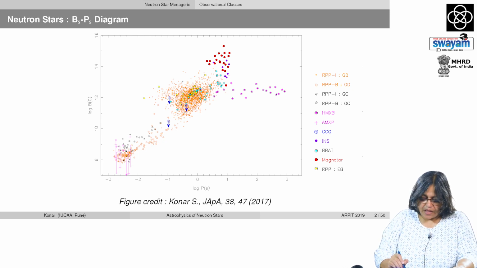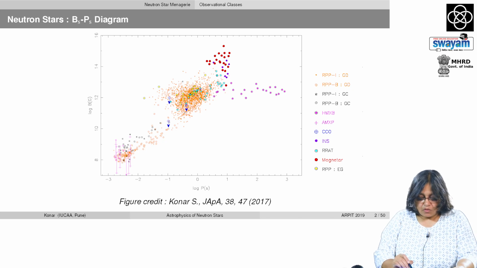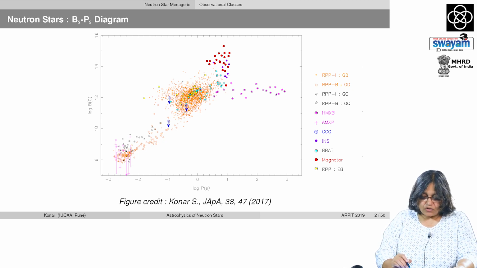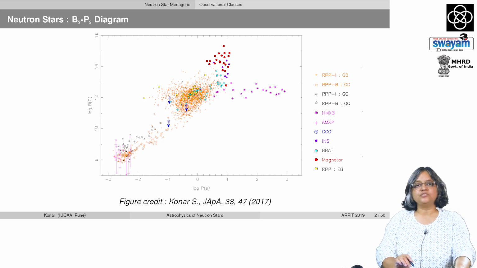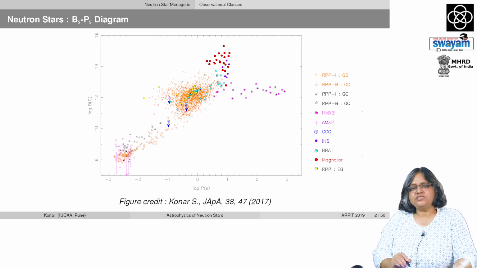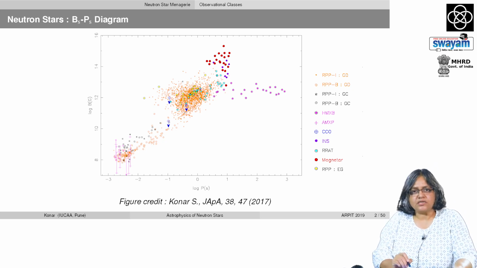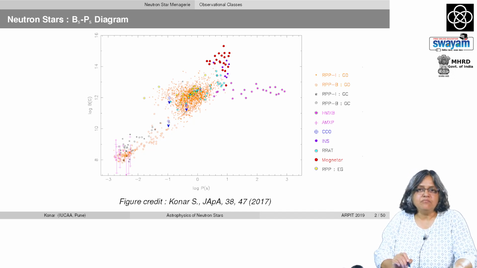Then we have INS, that is isolated neutron stars. You would immediately wonder why we are talking about isolated neutron stars separately, because the majority of radio pulsars are isolated. When we say isolated neutron stars specifically in the neutron star community, it basically means that these are isolated, but are radiating not through their rotation.